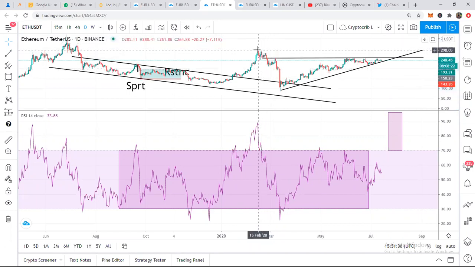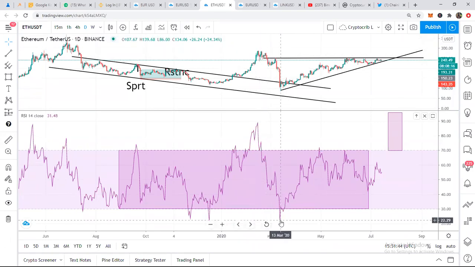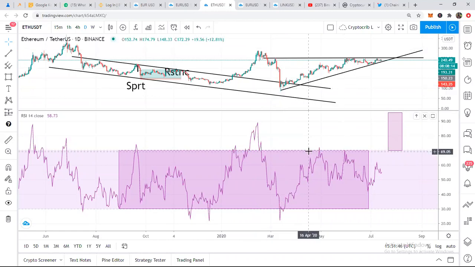It corresponds to this point on the chart. I don't know if you get it. So above here is unhealthy to buy, and below here it's the right time to buy. It's the right point to buy.